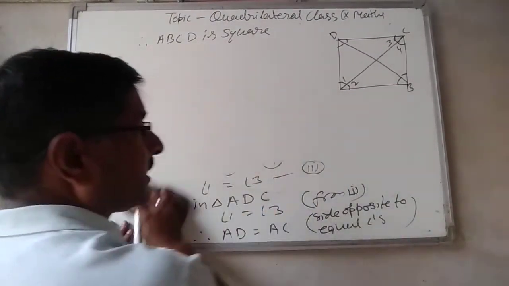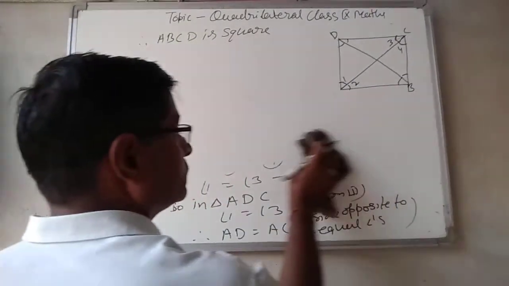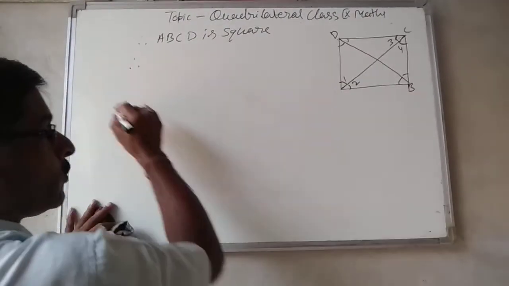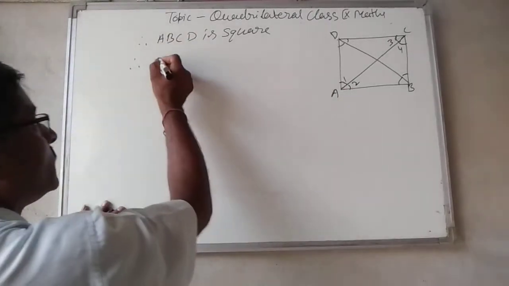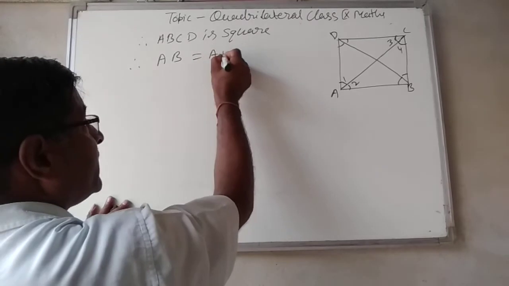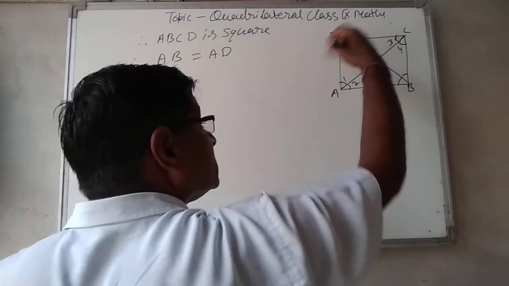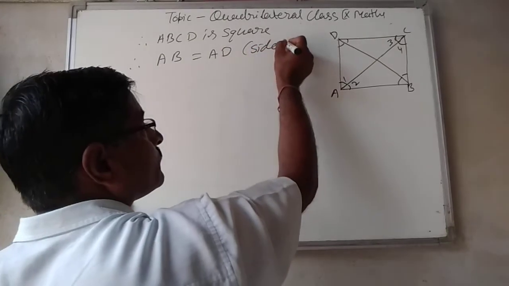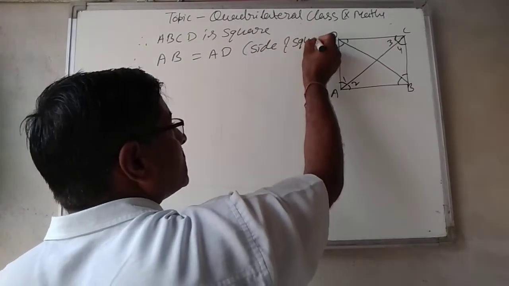Now to prove the second result, we can find therefore AB is equal to AD. If this is a square, then these two sides become equal, sides of square.